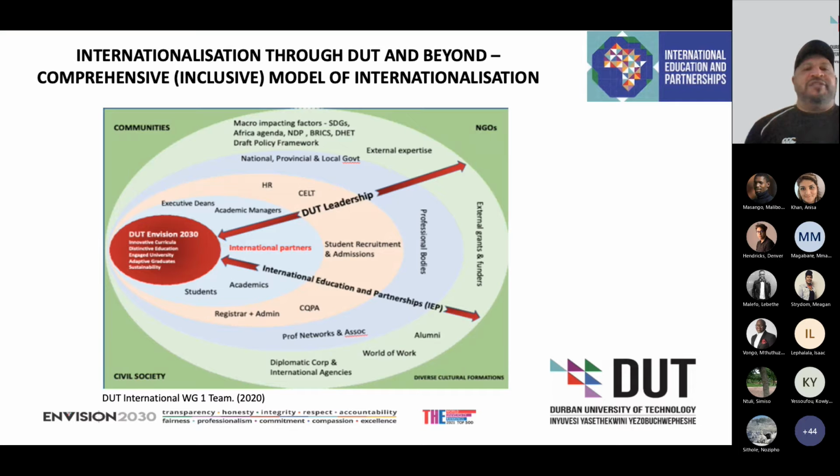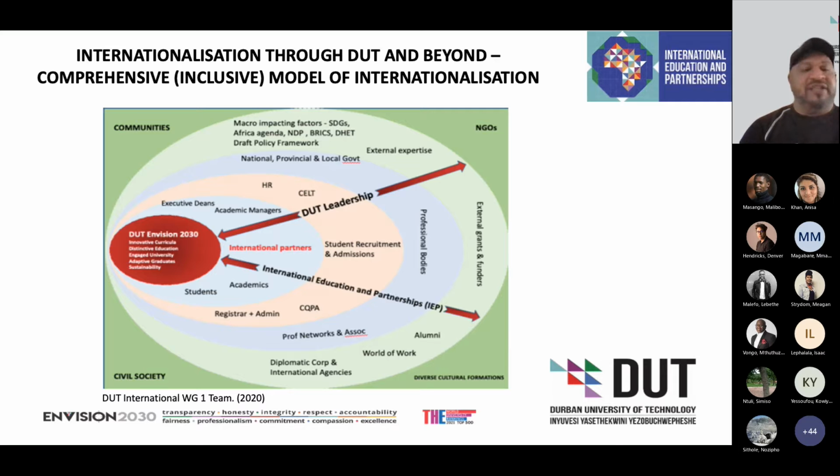So at DUT, we speak about this comprehensive, inclusive model of internationalization, and you can see our strategy is at the heart of our internationalization efforts. This strategy, together with the DUT international strategy, and I should add that the DUT international strategy actually is well aligned to the national strategy on internationalization.